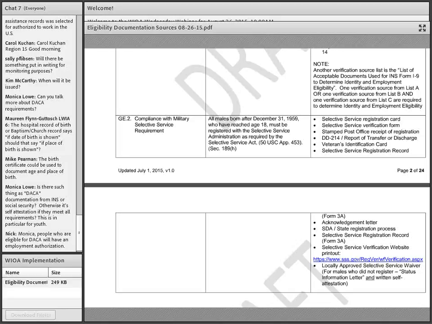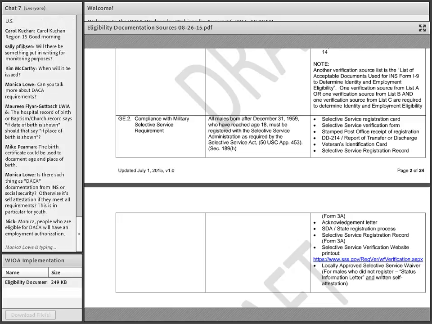Obviously, websites change regularly, so if you go to that in the future and it doesn't work, you might have to Google or use some other search to try and find what that website has changed to. First person that finds that, please let us know so we can update our document. Obviously, we're not going to be out there looking for changes anytime soon. Hopefully, they'll be in existence for a while.